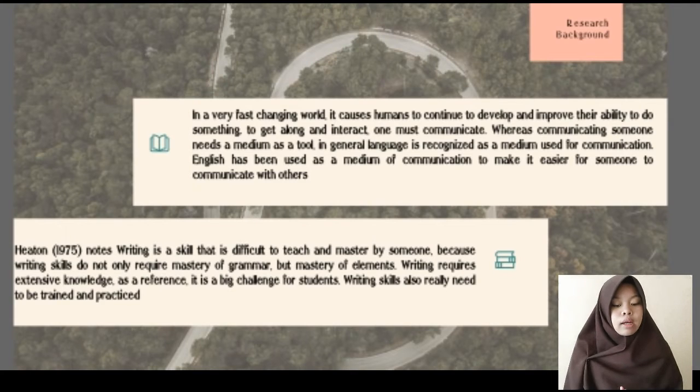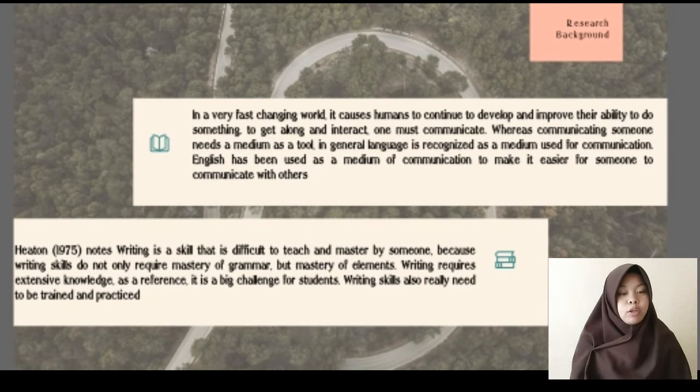So we need a medium to interact and communicate with others, and therefore we need a language that can be used as a shared medium, so that there will be no misunderstanding. And that medium is English.